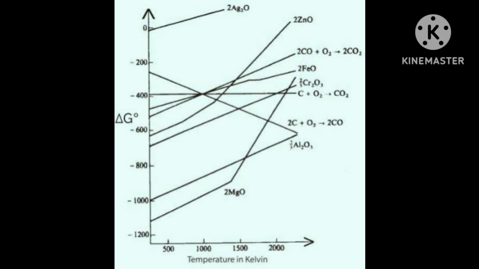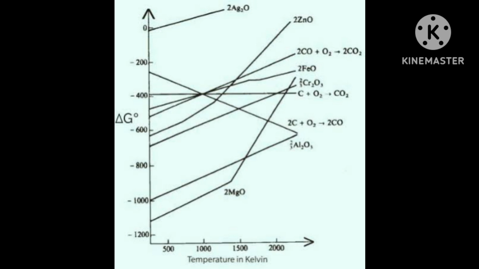Now I am telling you a little more about the Ellingham diagram with some examples. The reducing agent forms its oxide when the metal oxide is reduced.